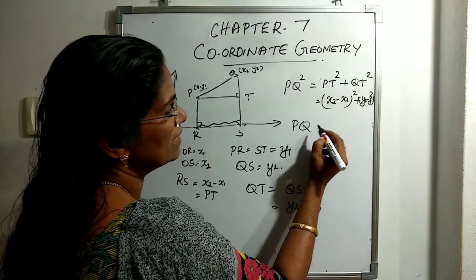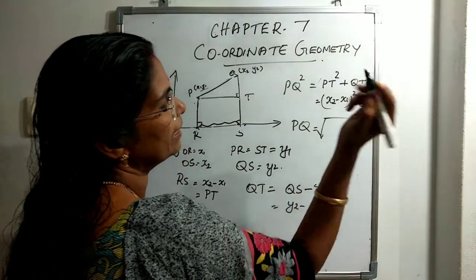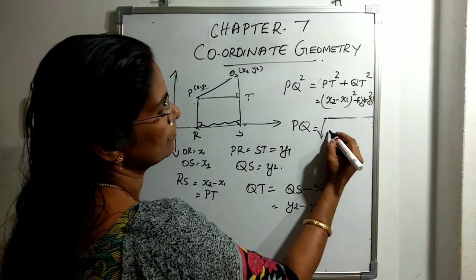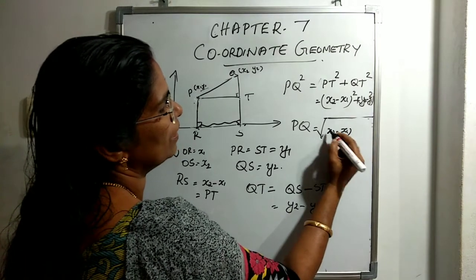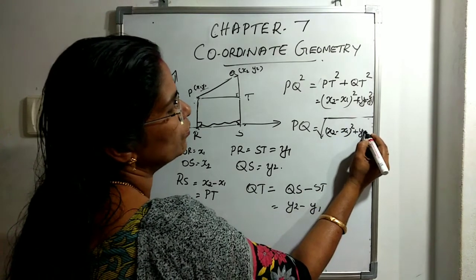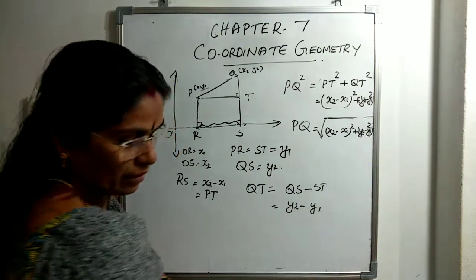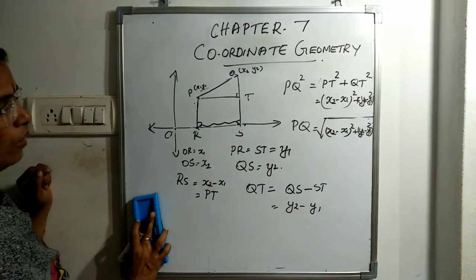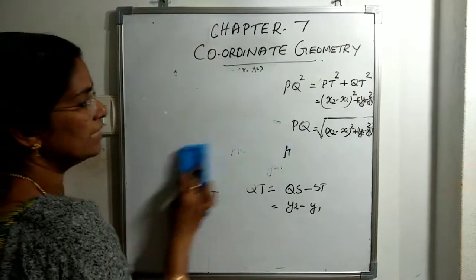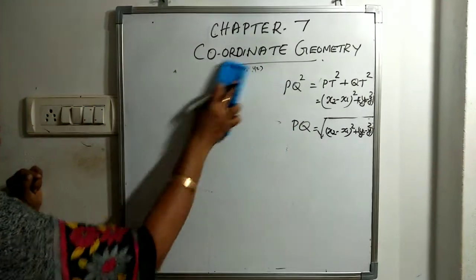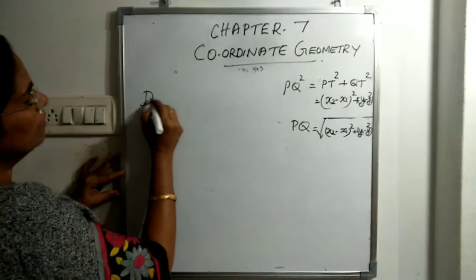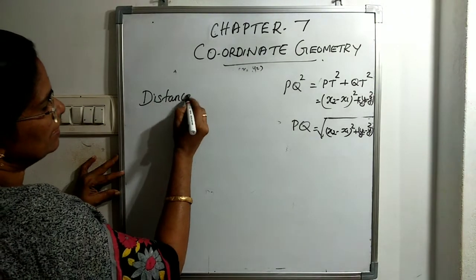We need the distance PQ, so we take the square root: root of (x2 minus x1) whole square plus (y2 minus y1) whole square. This formula we are calling the distance formula.